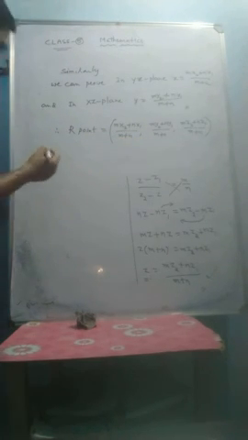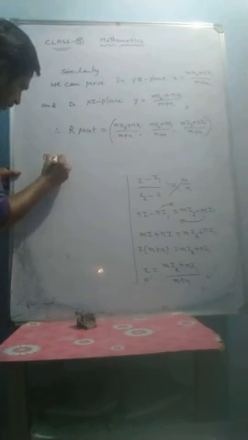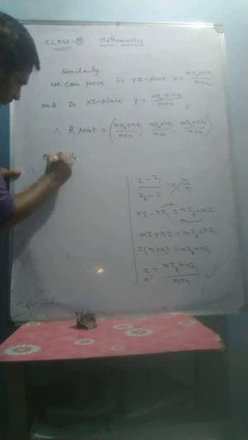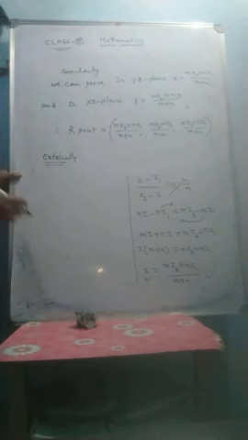Now we can prove the external case. In the internal case, we have taken the ratio M is to N, correct?